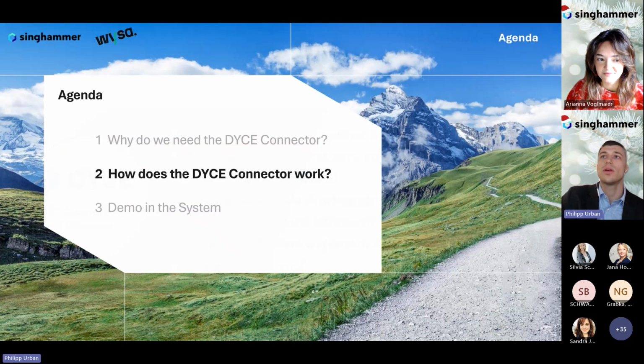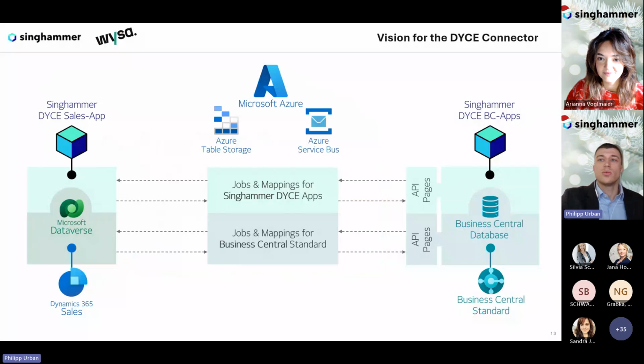Now, how does the whole thing work? As I already said, we are working on the Microsoft standard technology stack, which means we're running the whole thing on Microsoft Azure with Azure Table Storage and Azure Service Bus, which is connecting, as you can see on the left side, our Microsoft Dataverse, where Dynamic Sales is running, and our Business Central database on the right side, where our Singhammer DYCE apps are running.